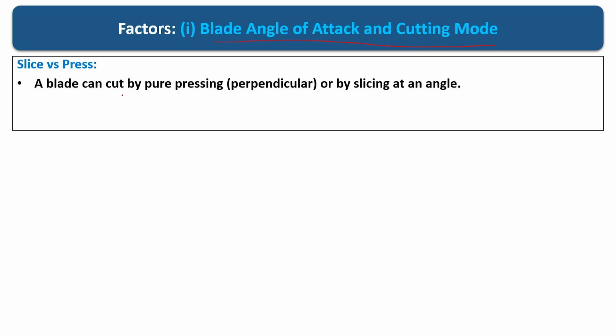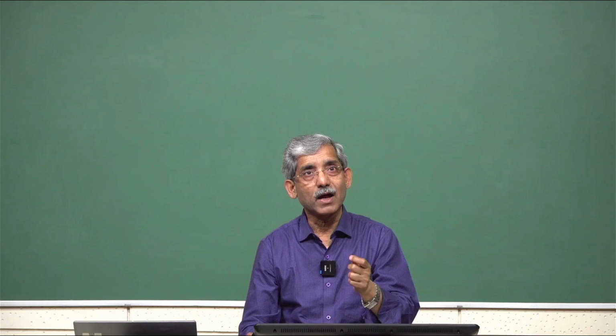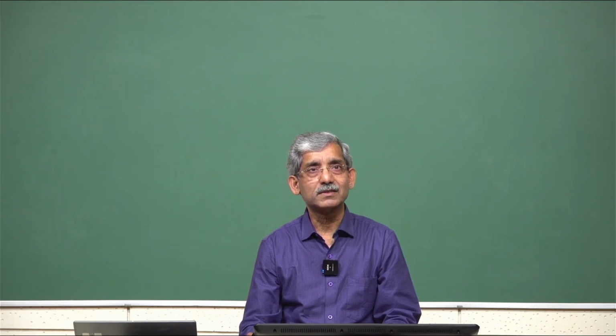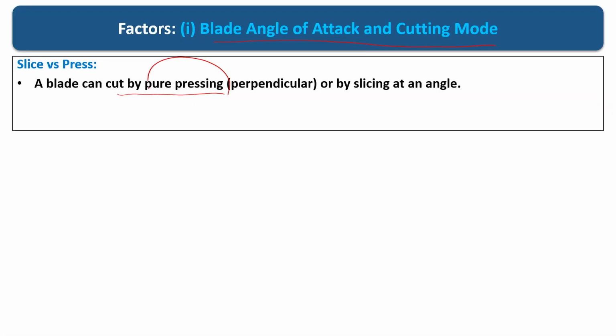A blade can cut by pure pressure, perpendicular pressure, where the sharp blade will have a low contact area. That is why for a certain load, a sharp knife will cut any material more easily than a blunt knife. That is, the cutting is by pure pressure, or by slicing at an angle.